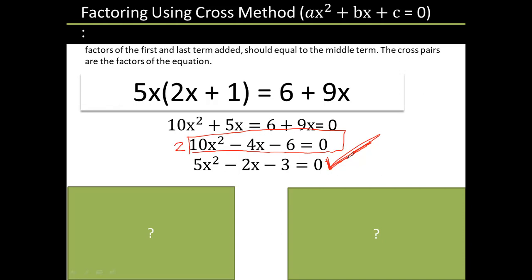Tell me, after 1 minute, what are the factors of 5x squared minus 2x minus 3 equals 0? Grace and Baikao, after 1 minute, I will ask your answer. And Poon and Haruka also, please solve.